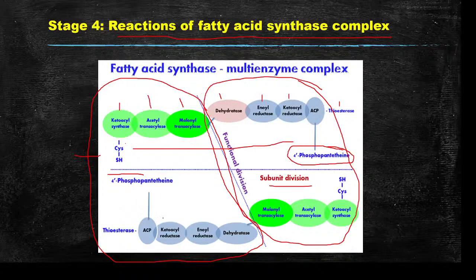So it can be categorized into subunit division and functional division as we discussed.